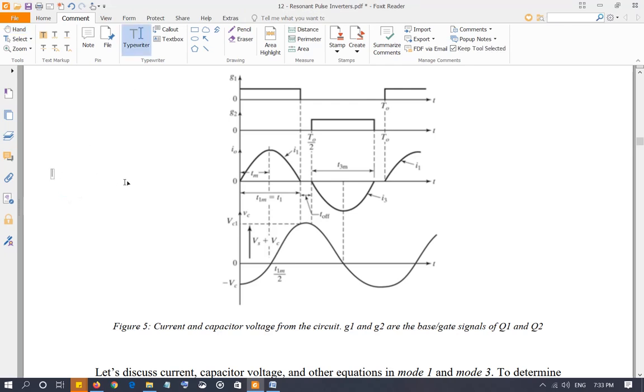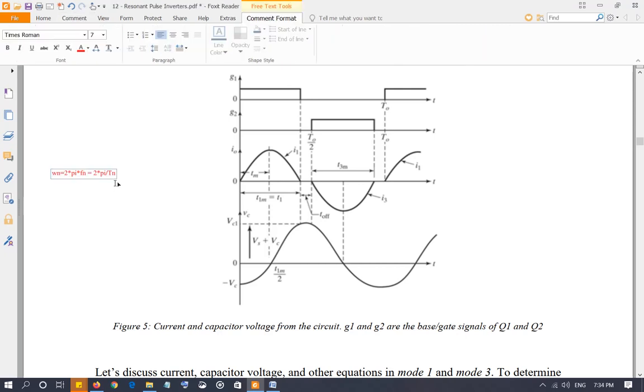Omega n is what? Omega n is 2 times pi times f n, the natural frequency, whatever you want to call it, which is equal to 2 times pi over the time period of that, T n, let's say, right? And since this is half of the waveform, the total time period is Tn. This is the total time period right here. So this is Tn by 2.